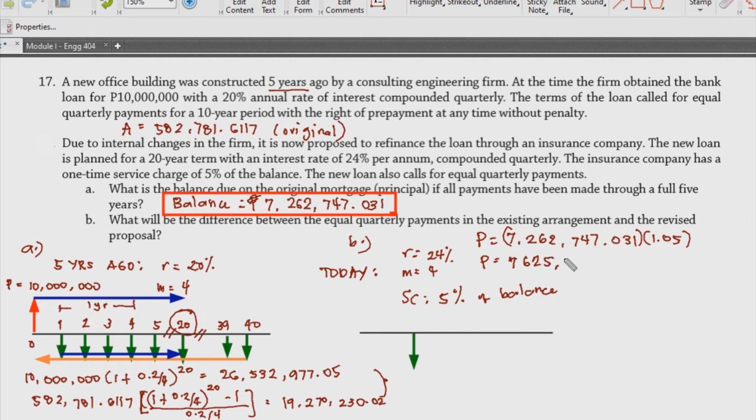Okay, and this will give us a value of 7,625,884.383. Okay, so I hope nag-guess nyo kung saan siya nanggaling, no? It's just that you have to, meron pa pala, 383. 3 decimal na natin. Lagyan natin ng comma dito para kita nyo ng maigi.